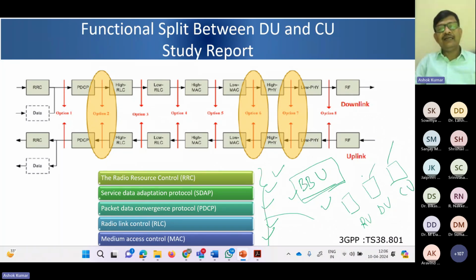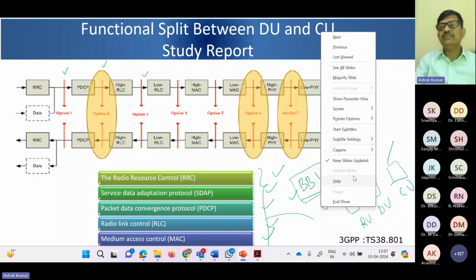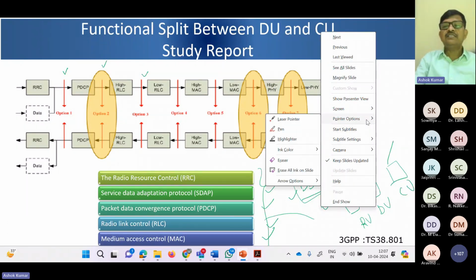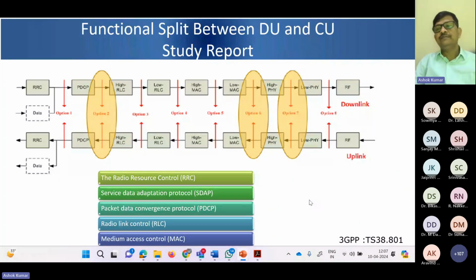These were defined as different options by 3GPP, like option 1, option 2, option 3, up to option 8. So looking at this picture, can you guess which split I'm using in a traditional radio access network?